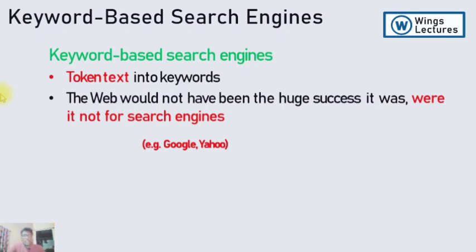Then, while talking about the success, without keyword search, the internet world would be miserable. Okay, we cannot even imagine that. If we cannot search something on the internet, then what is the use of the internet? Why do we go for the internet? Because it's not possible to know all the websites available in the world.